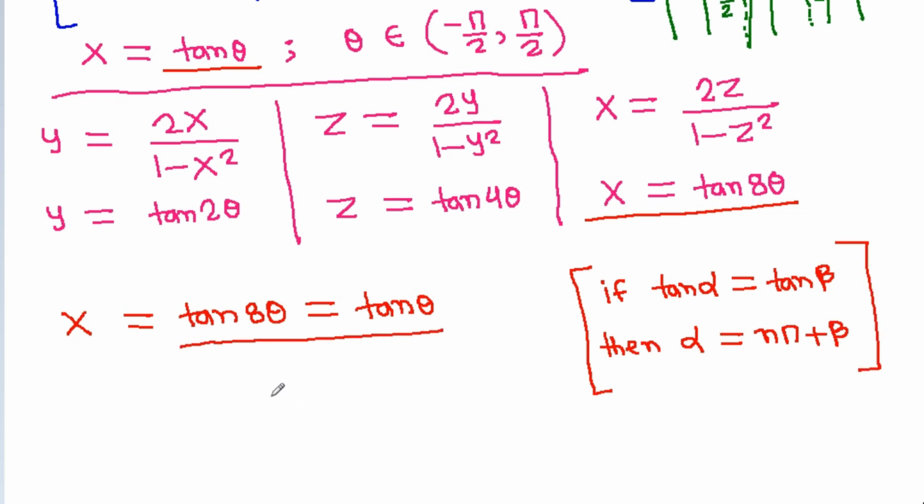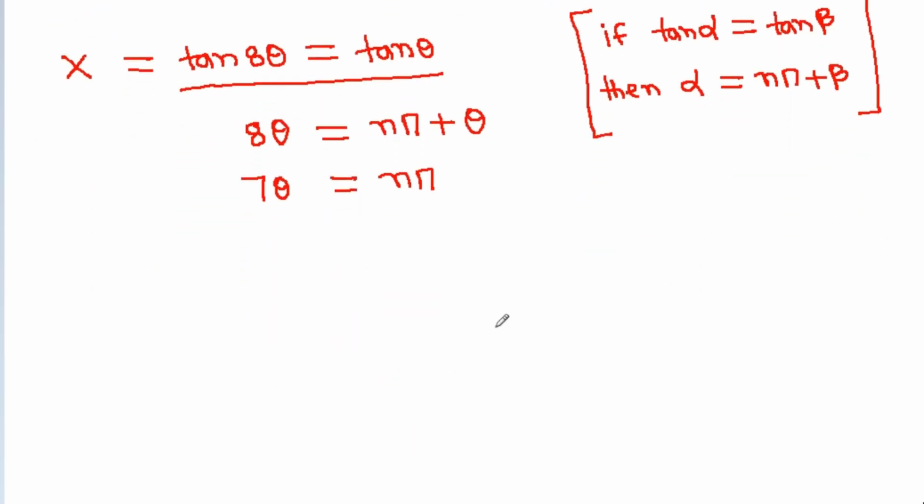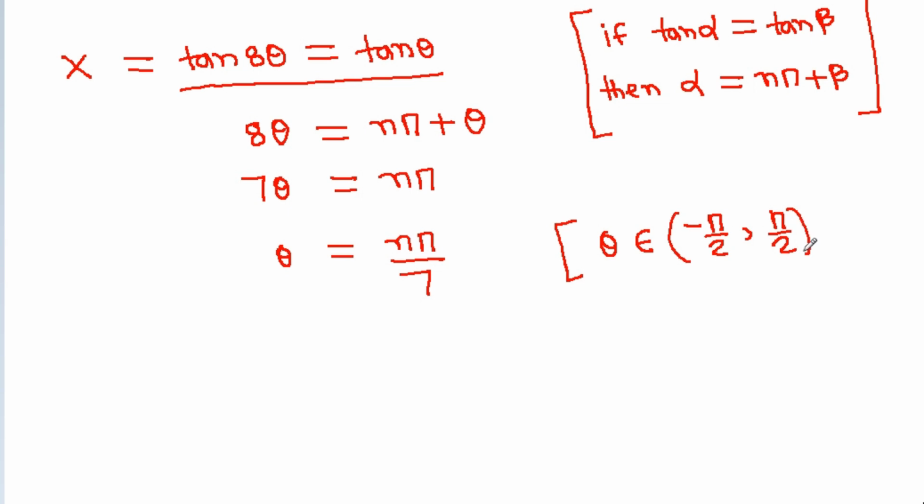So here 8 theta will be equal to n pi plus theta, and 8 theta minus theta will be 7 theta, that will be n pi, and theta will be equal to n pi by 7, and theta belongs from minus pi by 2 to pi by 2.